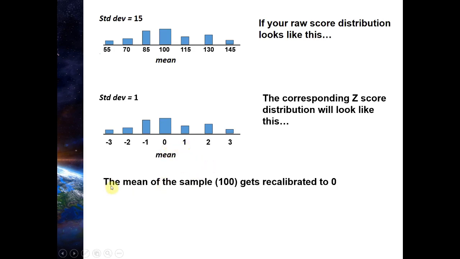So that's an important thing to remember, that the mean of the sample, in this case 100, becomes 0 on Z. If we were working with a population, the mean of the population, whatever that mean happens to be, also gets recalibrated to 0. So whether we're talking about a sample mean or a population mean, it becomes 0 on Z.